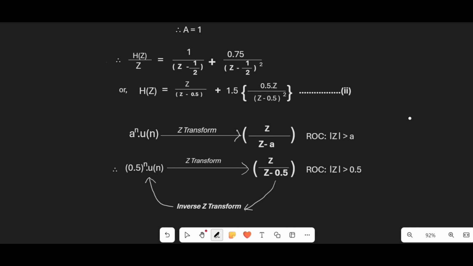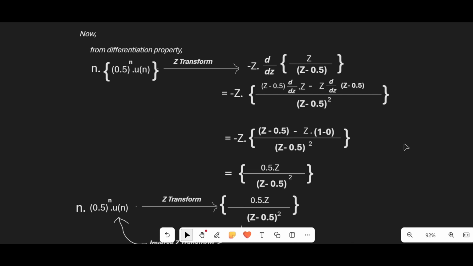And now from the differentiation property, n into 0.5 to the power n into unit step signal, if we perform the Z transform, then we find minus z into d by dz of X of z. Here the Z transform of this part is z by (z minus 0.5).